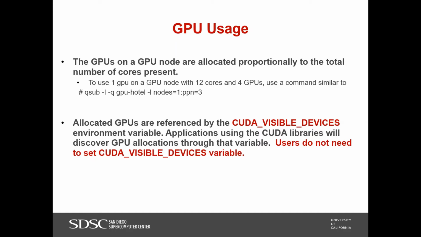Please do not set the CUDA_VISIBLE_DEVICES variable in your job script. Otherwise, we might get error messages and your jobs might crash. That environment variable is set automatically when you are using GPUs.